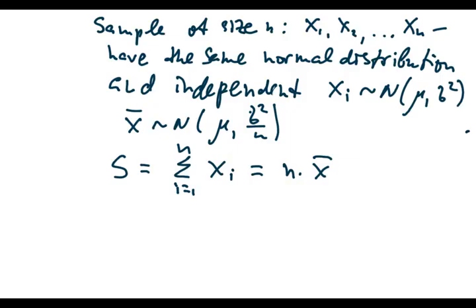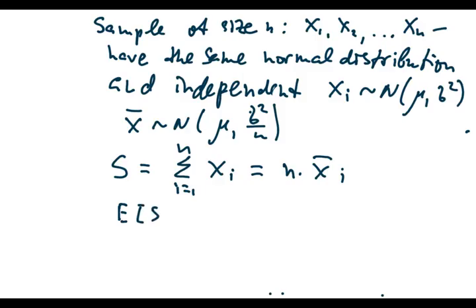Now it should not be difficult to prove, but anyway we will skip it. If x bar has normal distribution, then S should also have normal distribution, because one is just a multiple of another. And let's find expectation and variance for S.